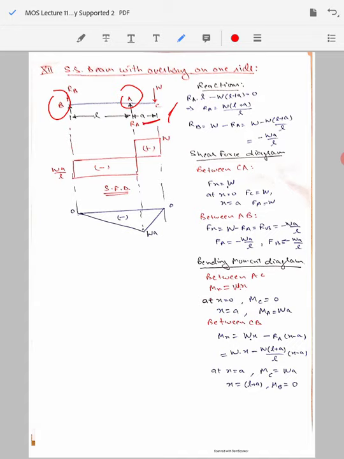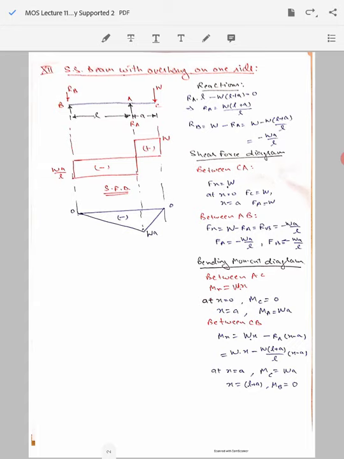The distance between the supports A and B is given by L, and the overhang of the beam is given by the length A. Now this beam is subjected to a point load of W kilonewton acting at point C, on the overhang portion, and we need to draw the shear force and bending moment diagram for this beam.